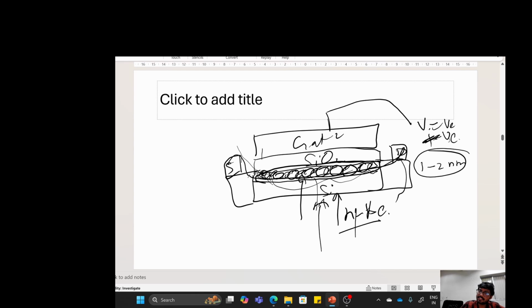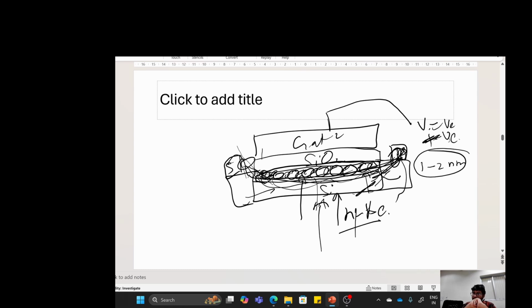Otherwise, in accumulation mode it would be through the bulk as well, but there is no conduction through the bulk, as there is a depletion region between the source, drain and the bulk. Through the depletion region there is no current flow, but through this channel only there will be a current flow.